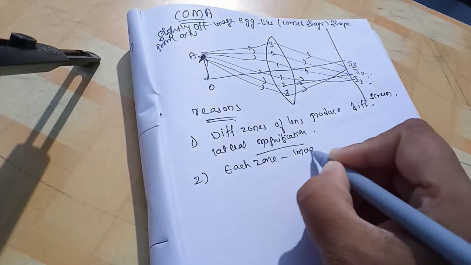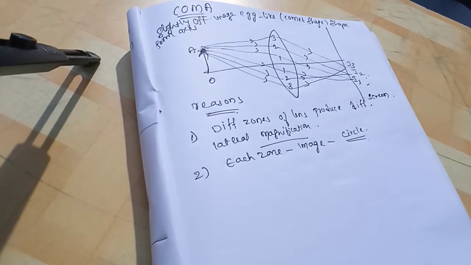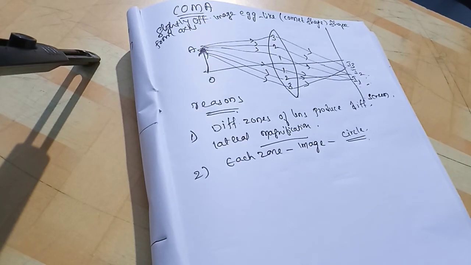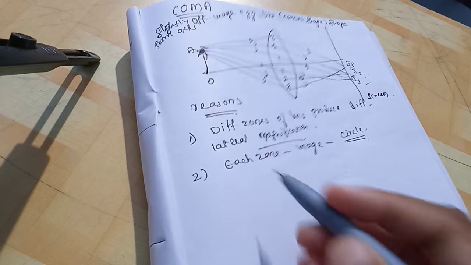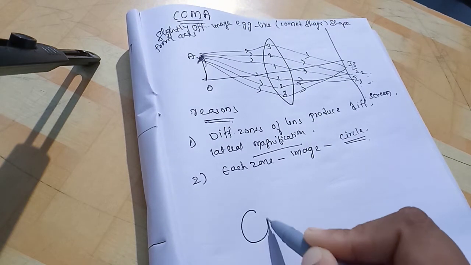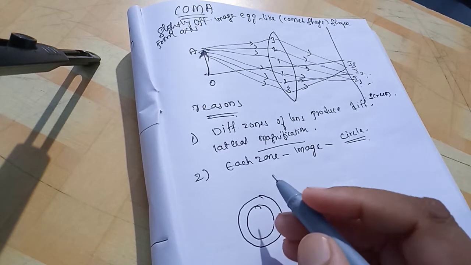From this figure, we considered that the lens is divided into zones. Now let us consider any one zone.